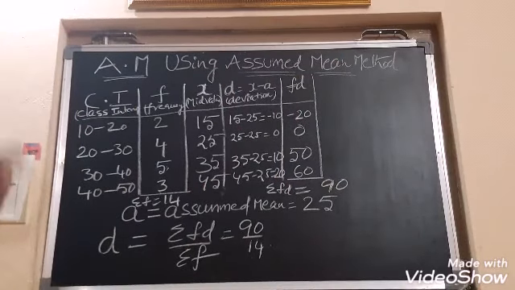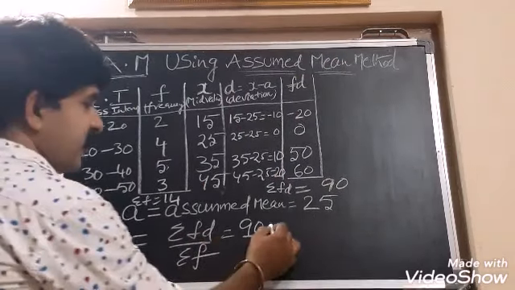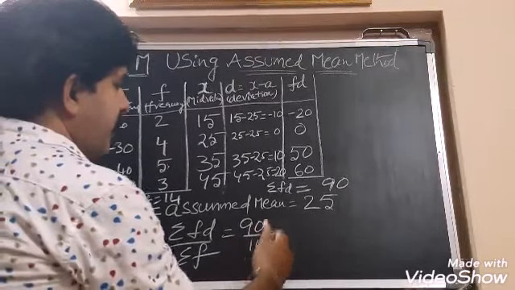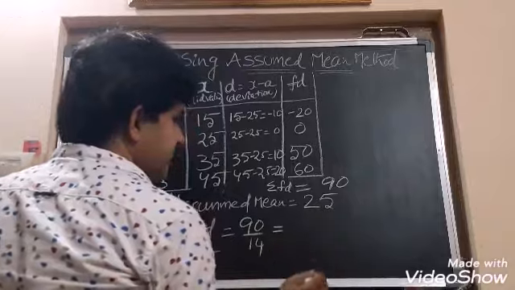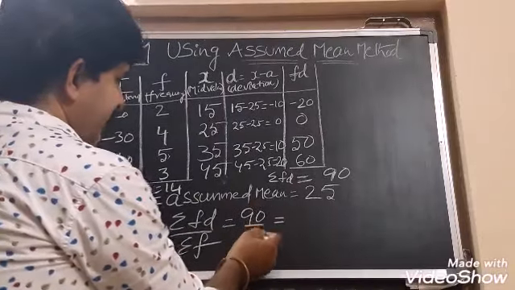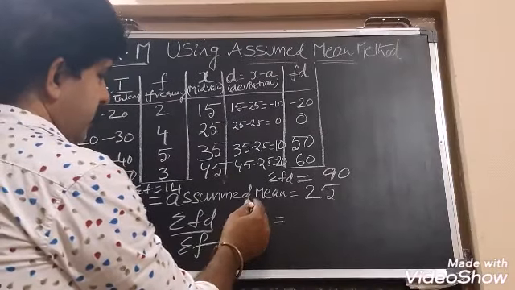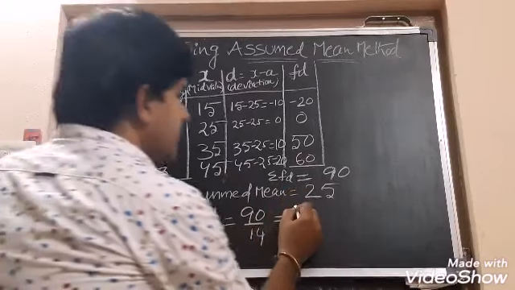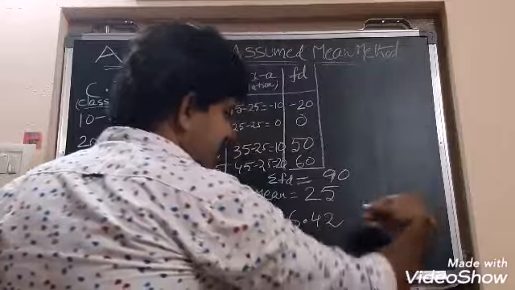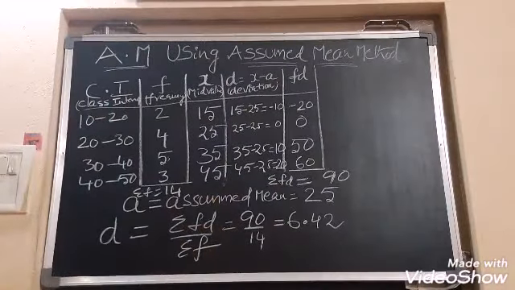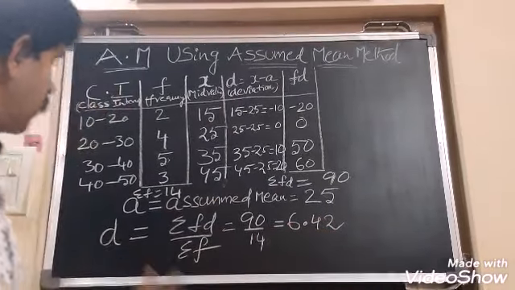Now you see what the d value is here. You just divide 90 by 14. What does it come to? 90 by 14 is approximately 6.42. Some more digits will come, but we'll conclude here. 6.42 is the deviation.